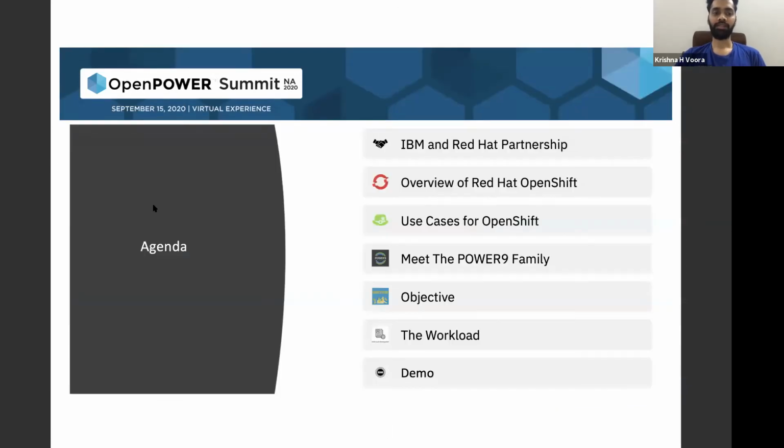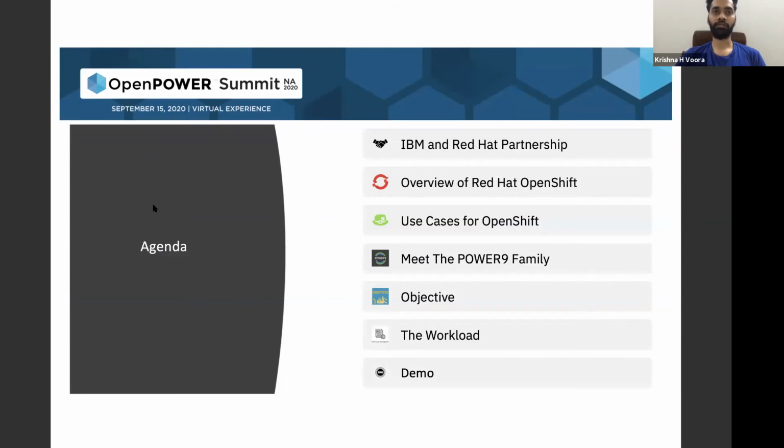Let's take a glimpse at today's agenda. We'll briefly touch base on IBM's and Red Hat's partnership. This has nothing to do with the acquisition, but how they have coexisted in the open source ecosystem. We'll spend some time on overview of Red Hat OpenShift container platform, and what are the best use cases that suit OpenShift container platform.